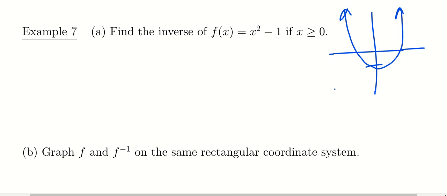And if we go back a couple minutes ago, we'd say, well, wait a minute. This function does not satisfy the horizontal line test. It's not one-to-one, and therefore this graph should not have an inverse, which is true of the graph x squared minus 1. But if we also add in the restriction that x has to be greater than or equal to 0, then essentially we only end up with this portion of the graph.